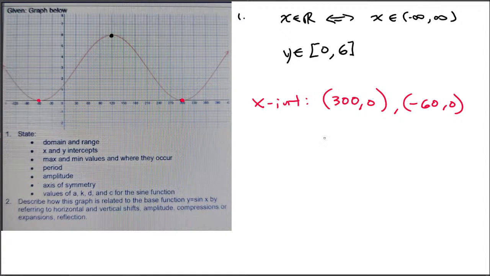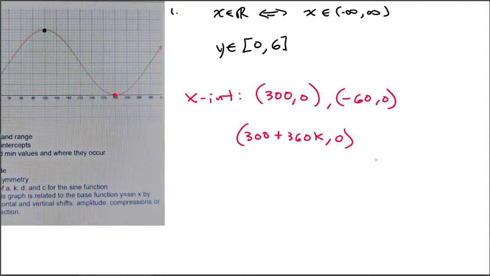If you want to write all of them, every single one, the x value is going to be 300 plus 360 times k, and I'll get to that in a second, and then 0, where k is an integer. You can put any integer in there for k, and this describes every single x-intercept, because there are technically infinitely many of them.